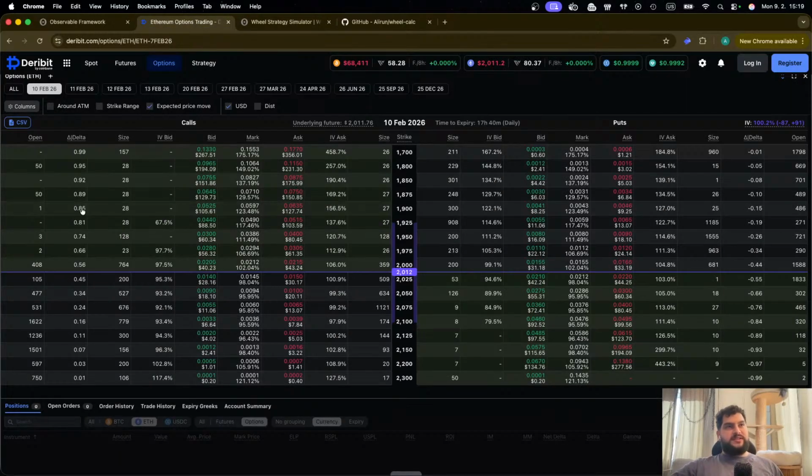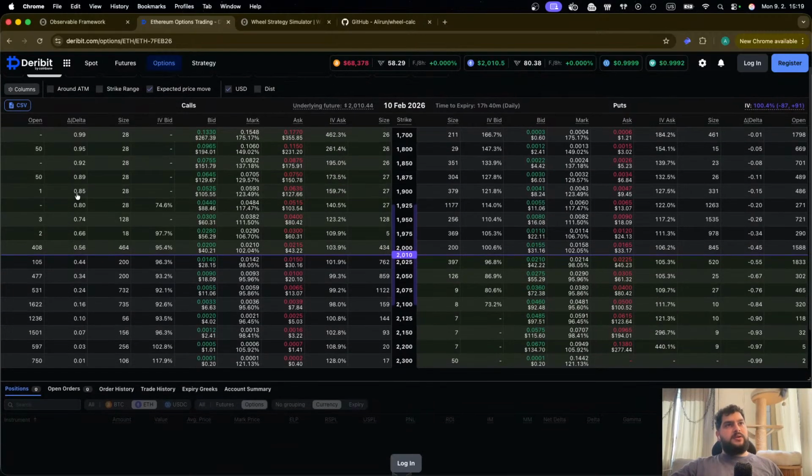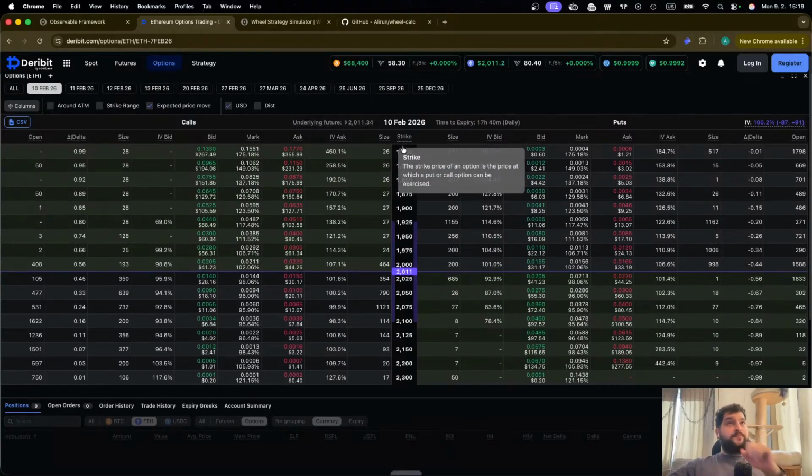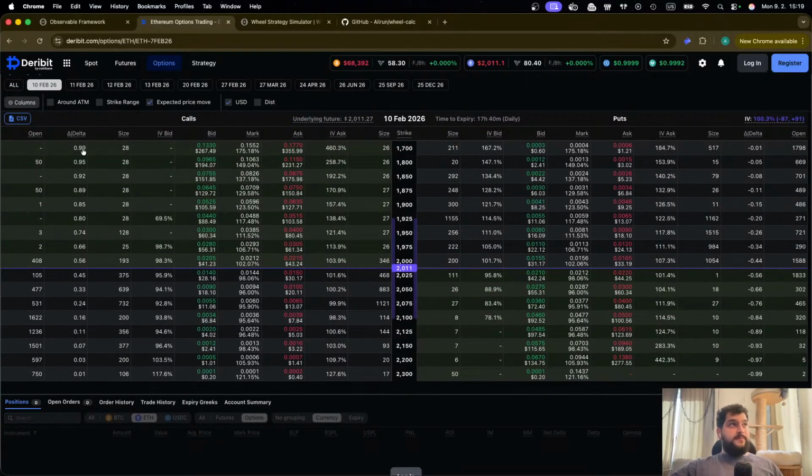The delta is basically how sensitive the option price is to the asset. The bigger the delta, the more it behaves like the asset itself. For example, here you can see the call options for 1,700. It's already behaving in price differently from the asset itself, because the rest is just the payout of the in the money option.